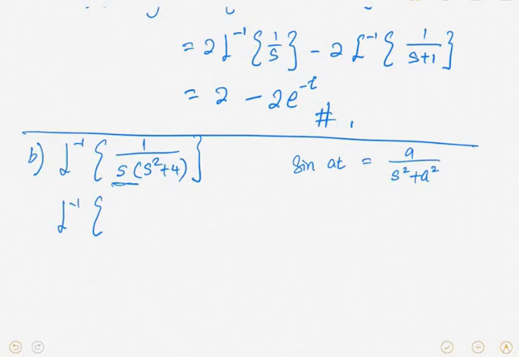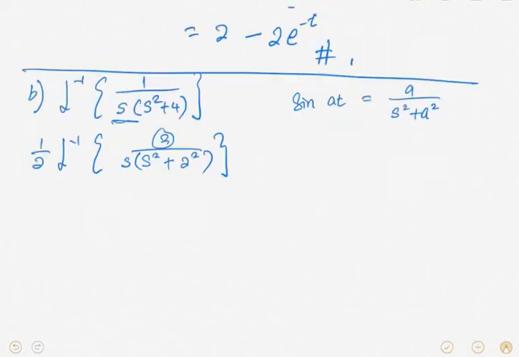So we can rewrite this as 2 over s squared plus 2 squared. This one is this one, and then you have the s here. The s here is actually to fulfill the format of transform of integral. And then don't forget you have the 2 here, which is extra, so we need to cancel it out by multiplying by 1 over 2.